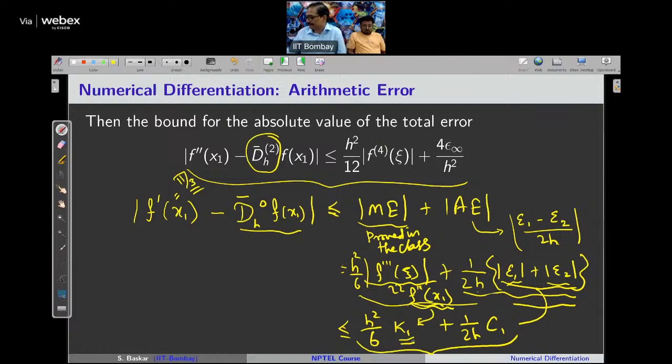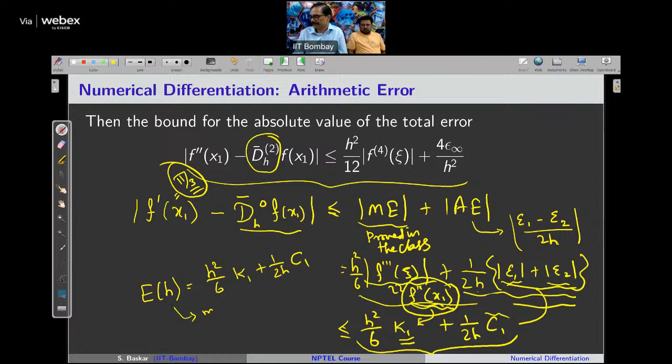You have to find what precisely k1 is. That's not a big deal. It's nothing but the third derivative of cos evaluated at the point we have given here, and c is 2 times that epsilon we got in the previous slide. Both these numbers you can get. Now define the function e of h equal to h squared by 6 into the number you get here, plus 1 by 2h into the number you get from there, and then find the minimum of this function.